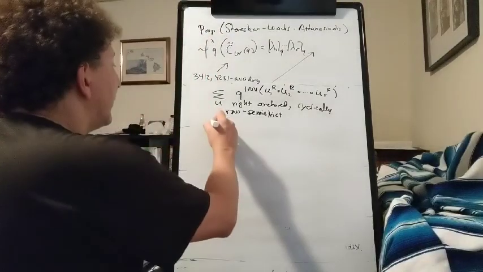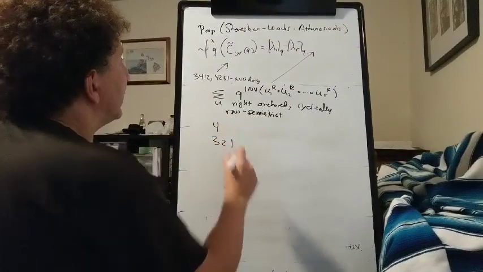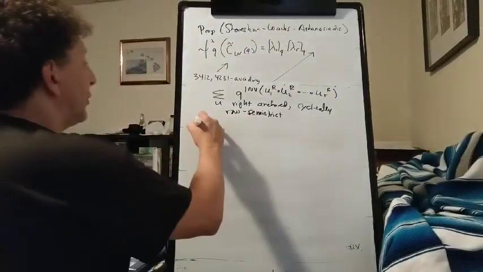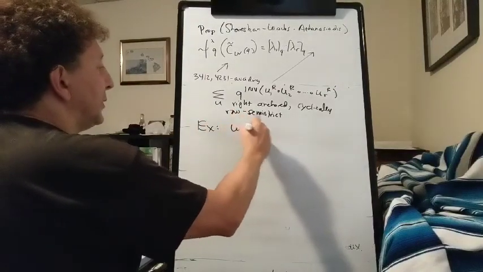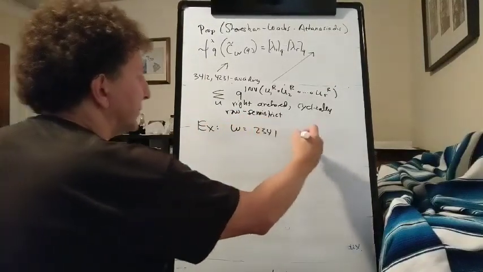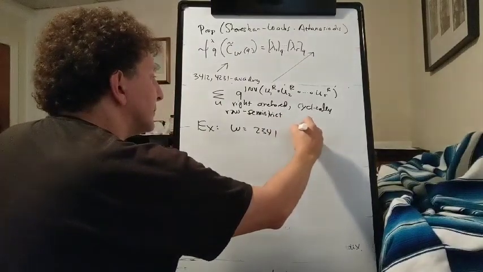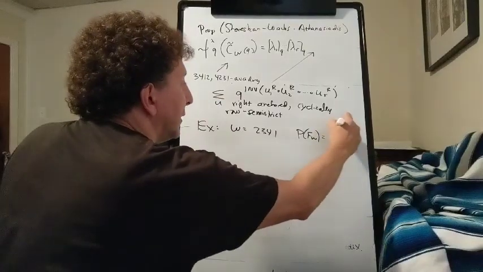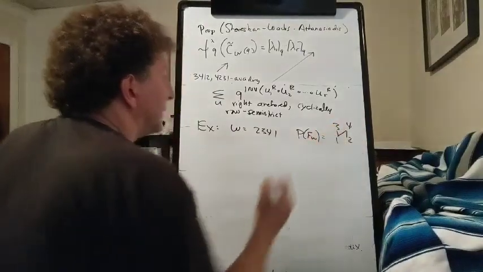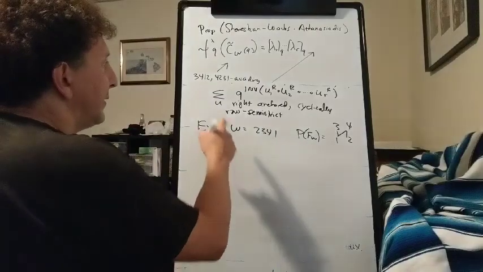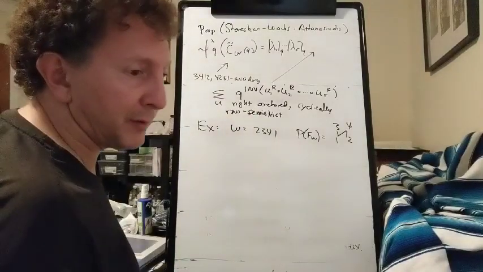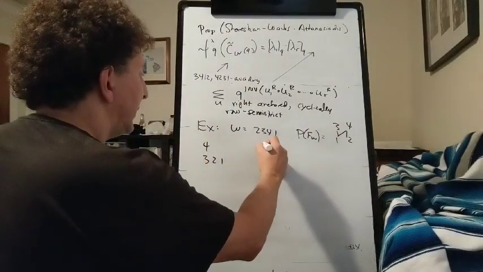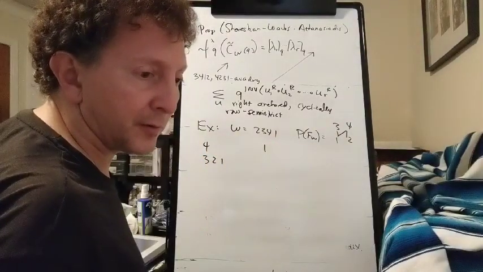The example is for W equal 2, 3, 4, 1, and P of FW is equal to this N poset. The right anchored cyclically row semi-strict tableaux we found were 4, 3, 2, 1 and 1, 4, 3, 2.